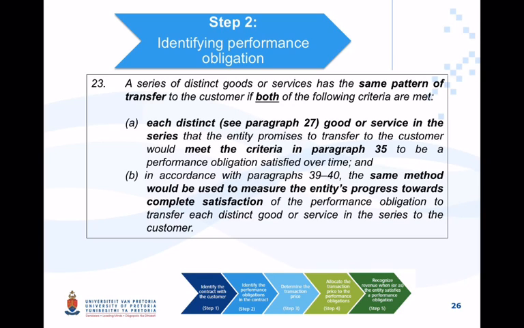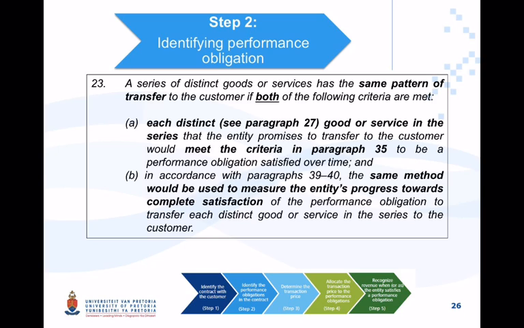The second option of a performance obligation is a series of distinct goods or services. For example, consider a magazine subscription where a magazine is delivered at the end of every month for a 12-month period.